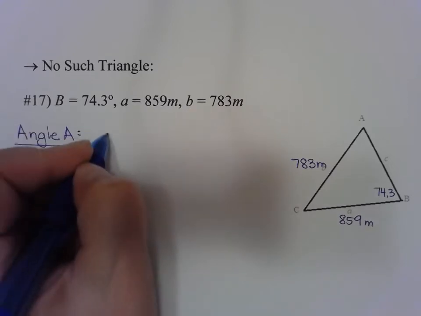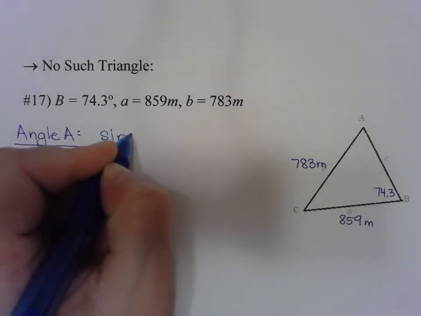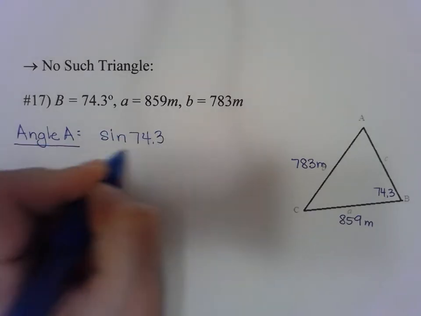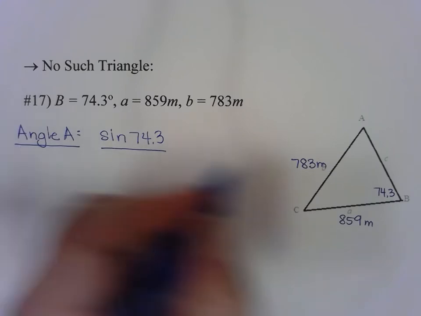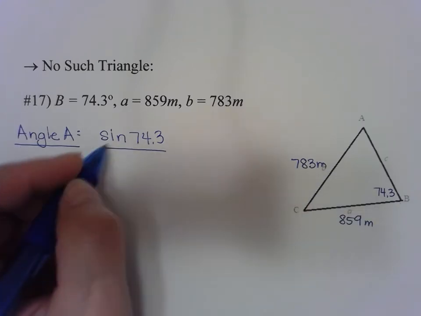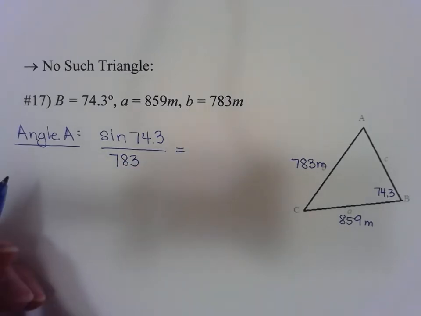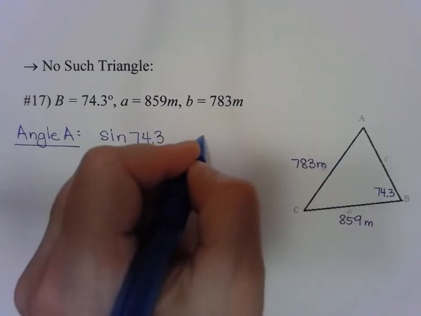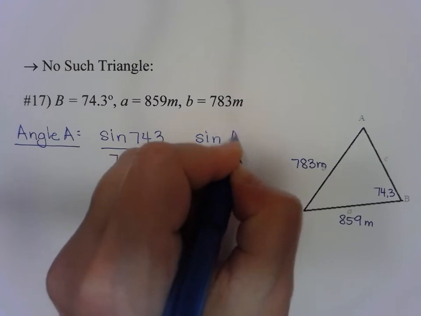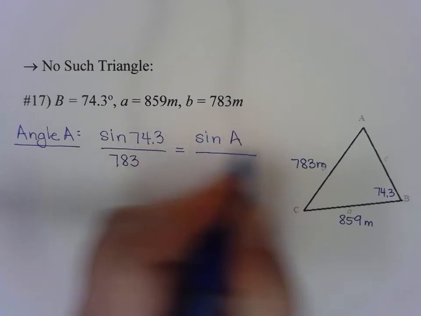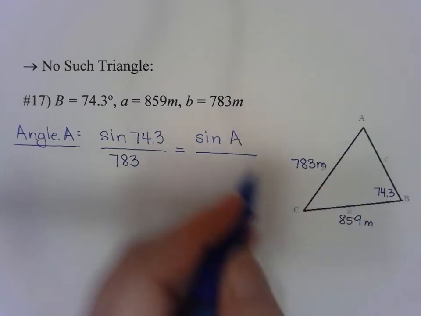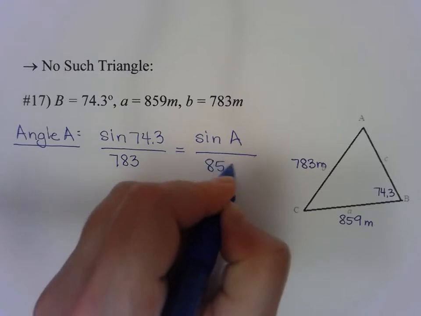Okay, so we'll have the sine of angle B, which is 74.3, over the side length of side B, which is 783. That must be equal to the sine of angle A over the side length across from that angle, 859.